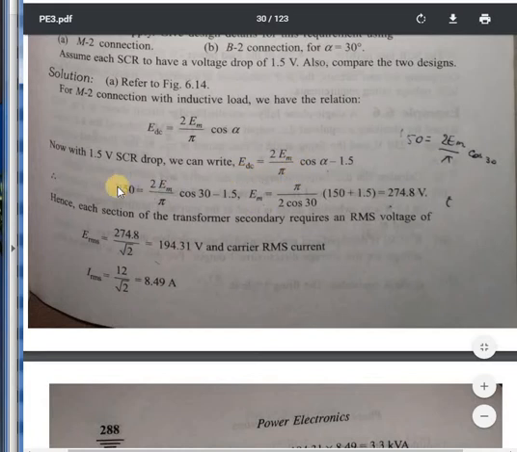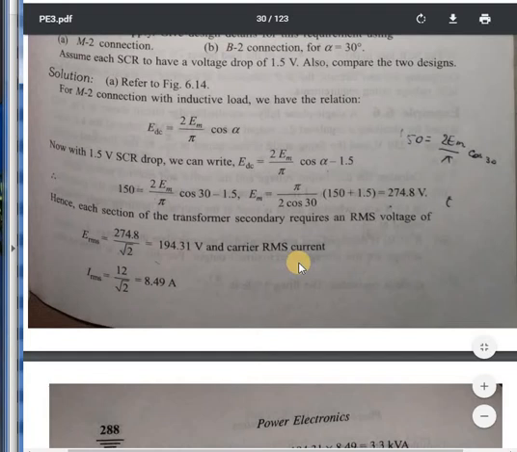Once you calculate this, substituting the value of alpha as 30 degrees, pi by 2 cos 30 into 150 plus 1.5 will give you 274.8 volts. That is your EDC.